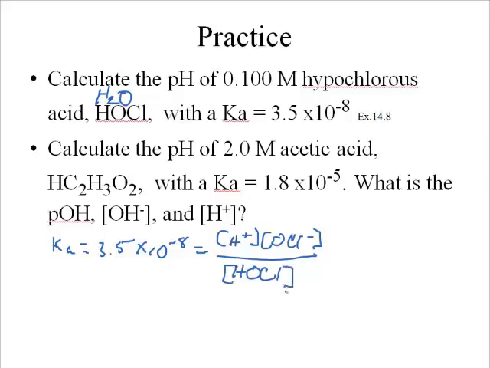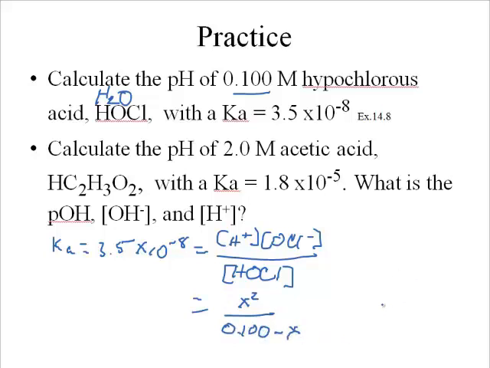Okay, so there's my equilibrium expression. And then if I plug in the values I have here, I know that above I'm going to have x for both, right? So I'm just going to write x squared. Okay, and then on the bottom, what is the value? Oh, here we go. We've got 0.100 molar minus x, right?